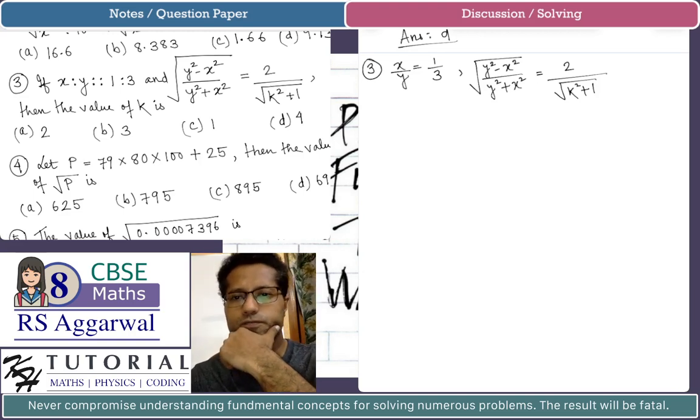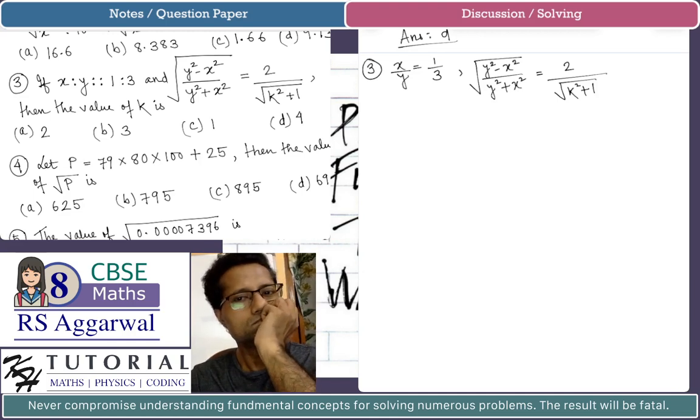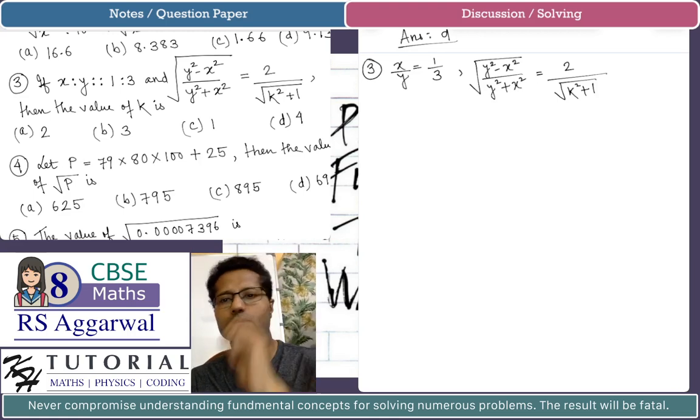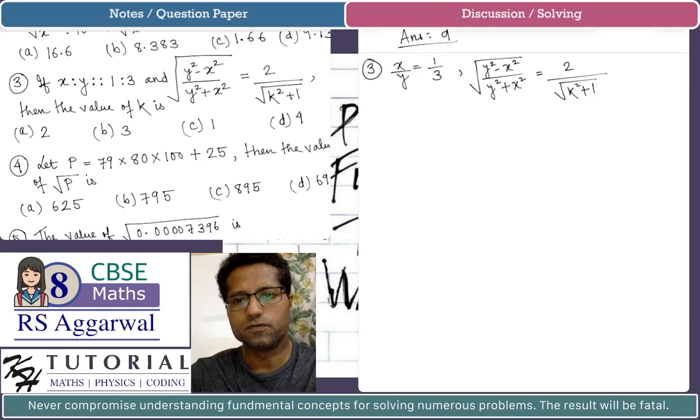Now first of all, from the given ratio between x and y, we will find x in terms of y, or rather y in terms of x. So from this ratio we can say that y is equal to 3x.